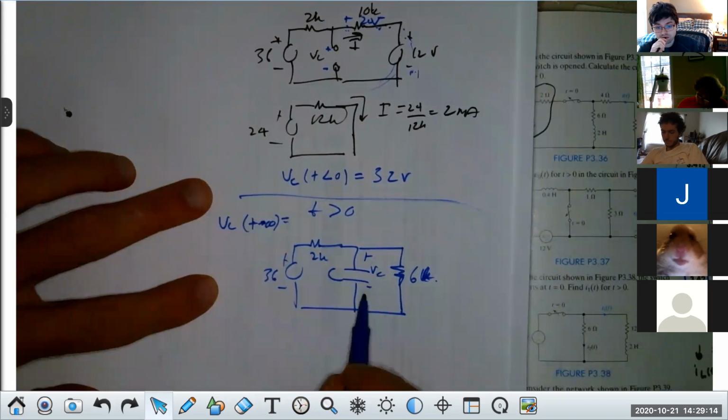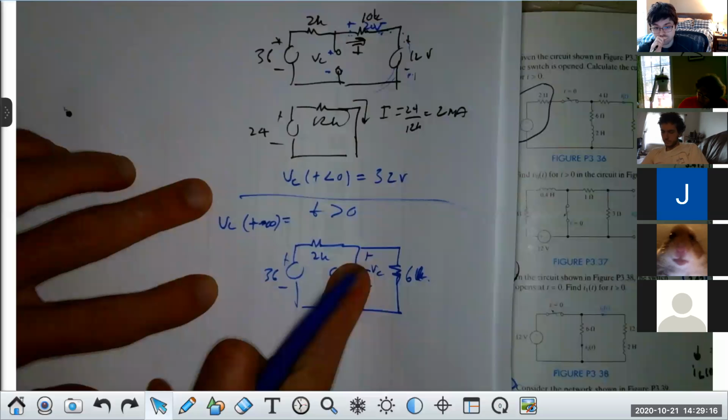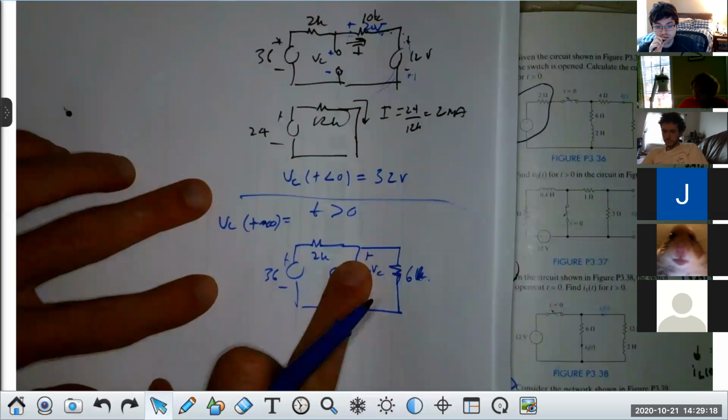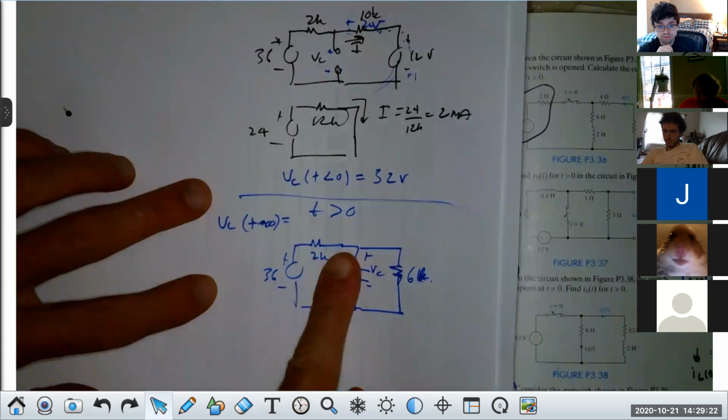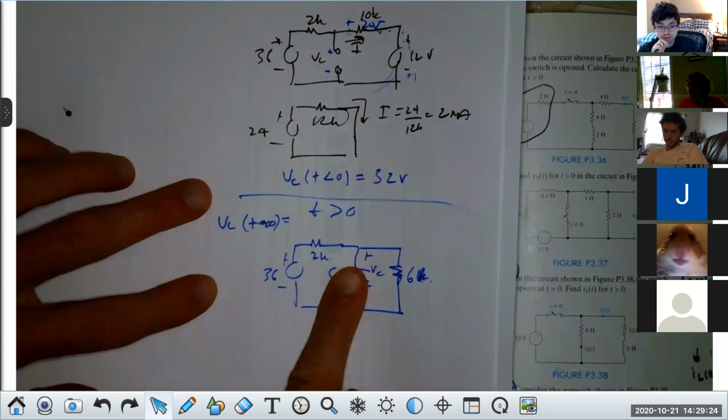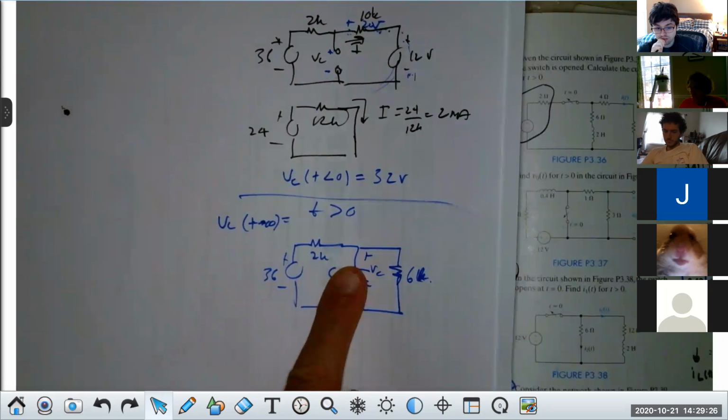So what's this voltage going to be? Well, it's just like the capacitor is not there, and we're looking for the voltage across that 6K, correct, class? What's that voltage going to be, anybody? We'll do voltage division.